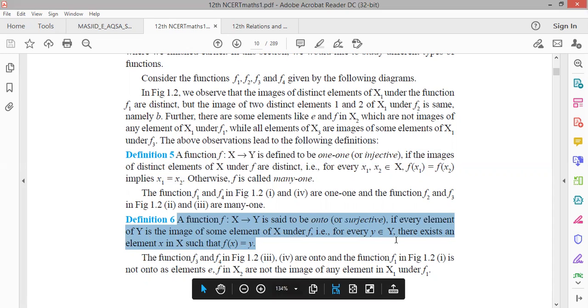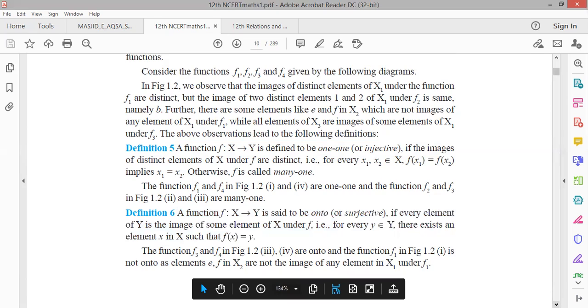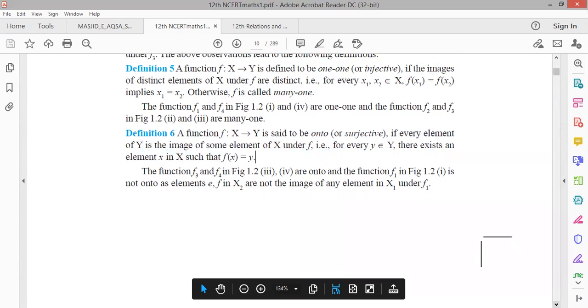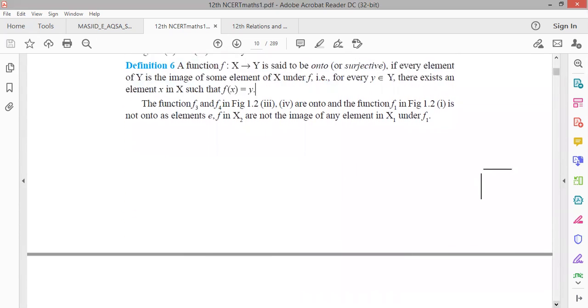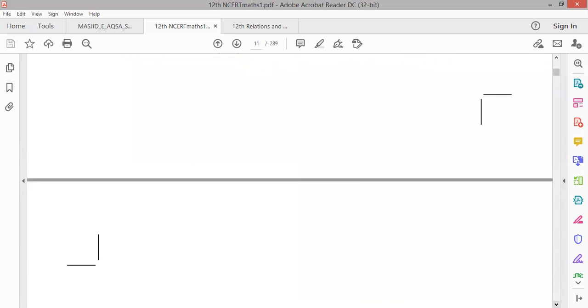That means for every y in codomain Y there exists an x in X such that f of x is equal to y. So these two types of functions are frequently used in exercises.